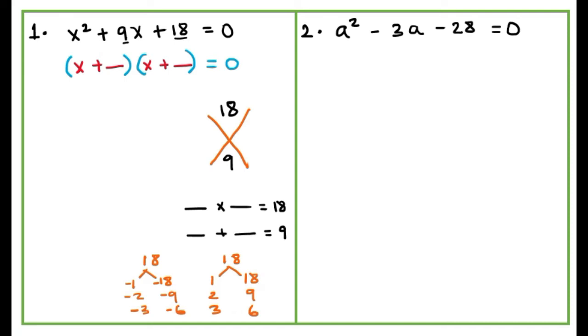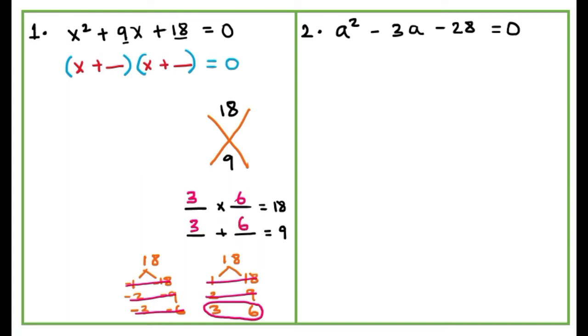So you see that for these negatives, none of them will give us 9. To the side of positives, 1 and 18 cannot give us 9. 2 plus 9 cannot give us 9. But 3 plus 6 can give us 9. So our numbers are 3 and 6.